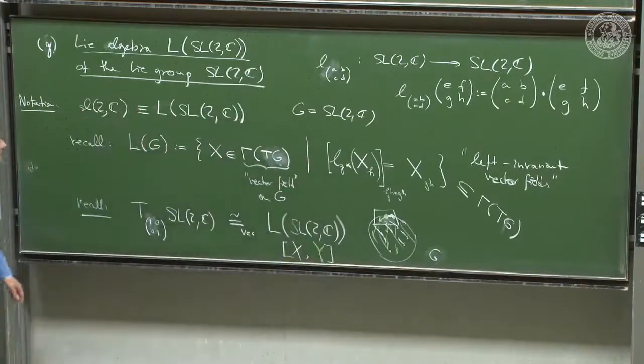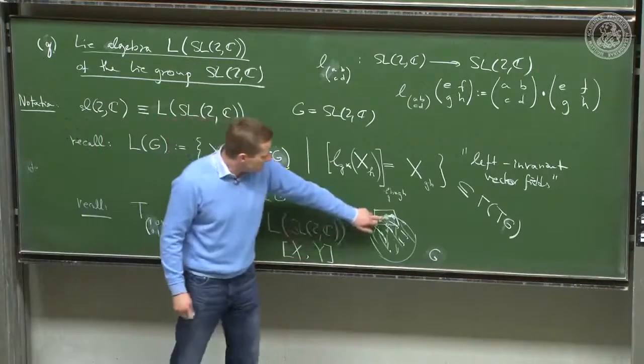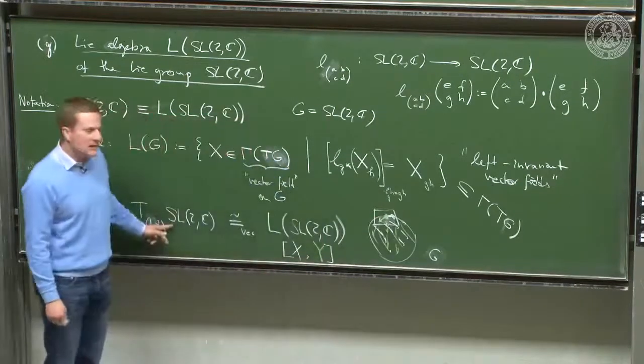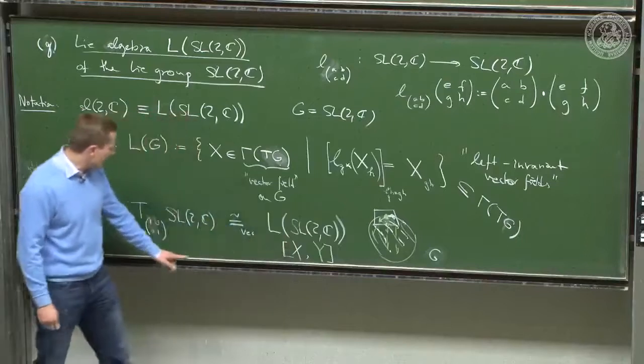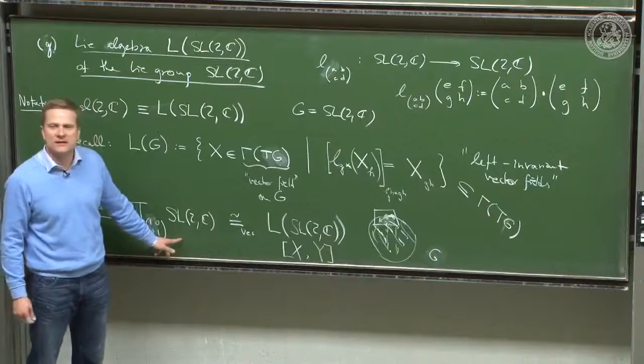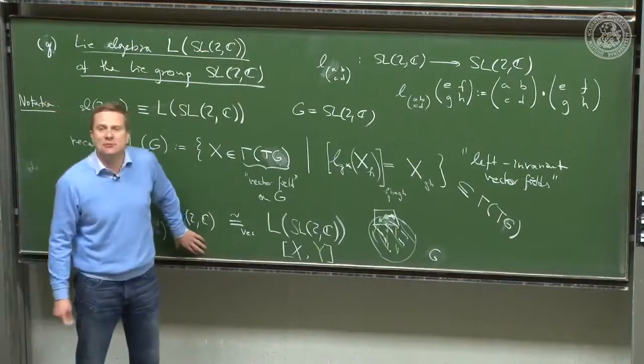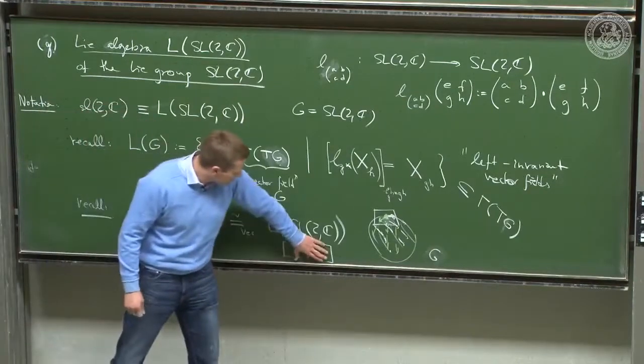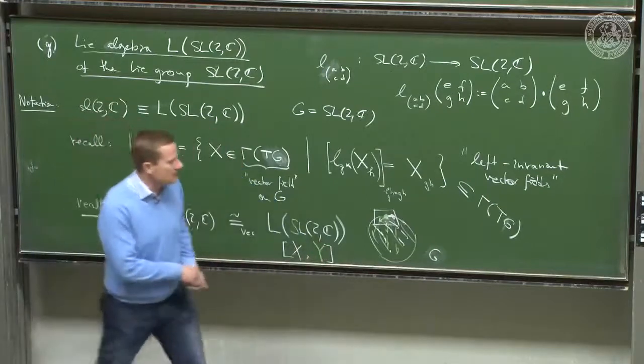Now, if you restrict attention to just that one point, how on earth do you inherit a commutator over here? You need to get a commutator. Well, you need to get a Lie bracket. This is the differential geometric commutator. You need a Lie bracket here.